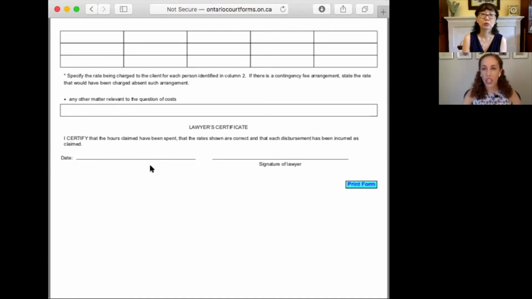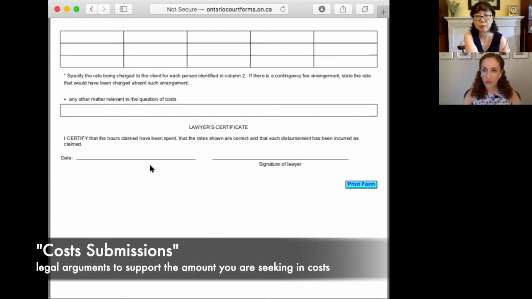They'll look at your cost outline, but they'll also request up to 3 pages of submissions as to why you are entitled to your costs. When you say submissions, that's just your legal argument for your position on costs. Is that correct? Yeah, it is.